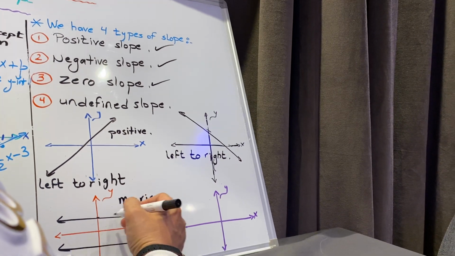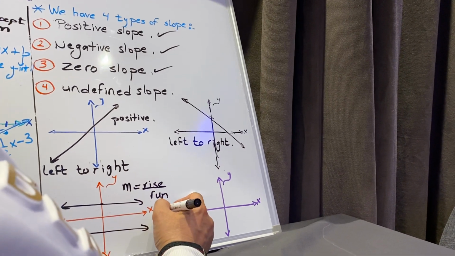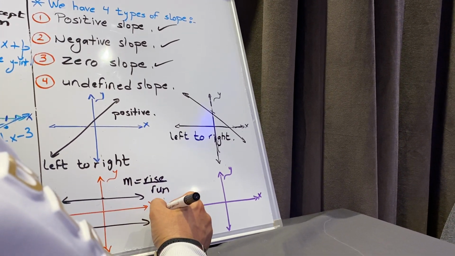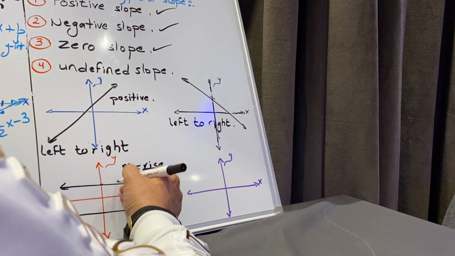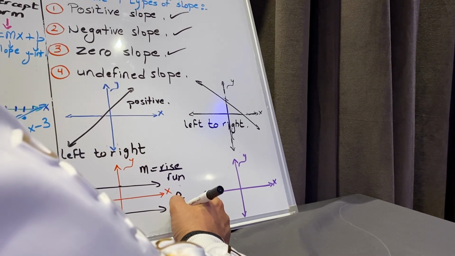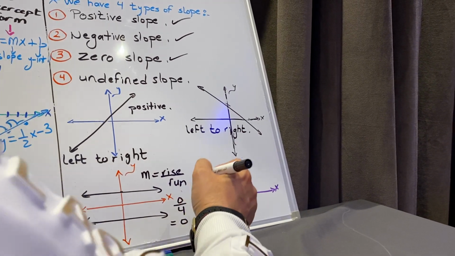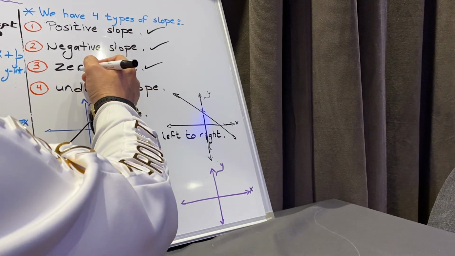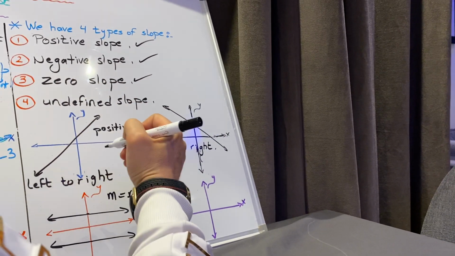Here, the rise is not available, so it is zero. So zero over a number. The run could be 2, could be 3, could be 4, no problem. So 0 over a number, the answer will be 0. So for this one, guys, the slope is 0.